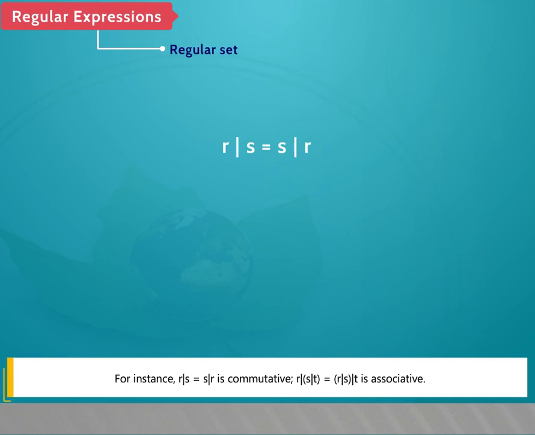For instance, R|S = S|R is commutative. R|(S|T) = (R|S)|T is associative.